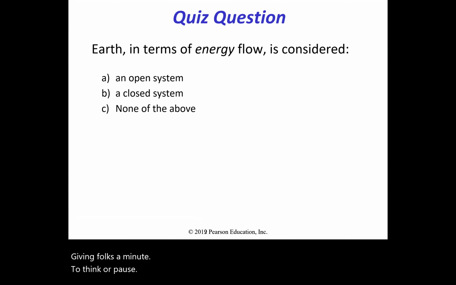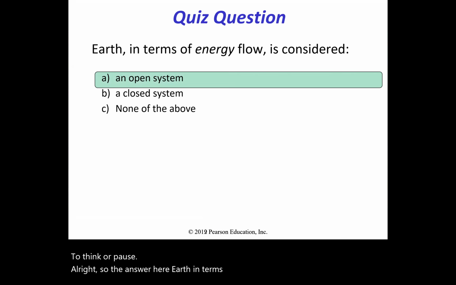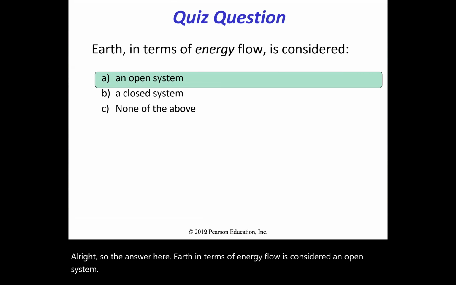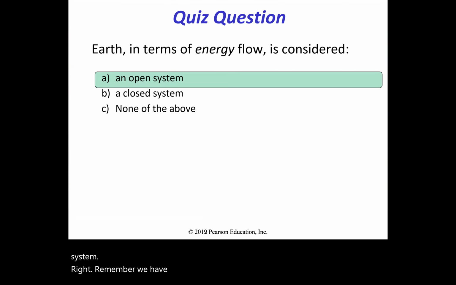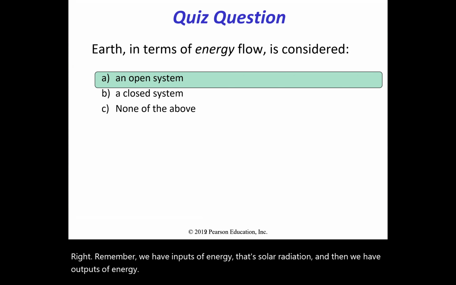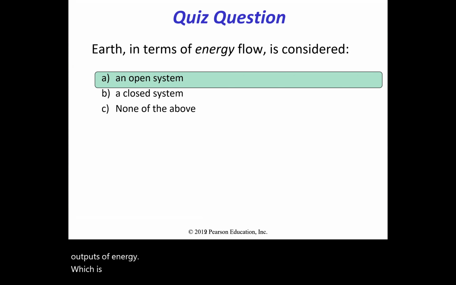All right, so the answer here: Earth in terms of energy flow is considered an open system. Remember, we have inputs of energy, that's solar radiation, and then we have outputs of energy, which is radiation being reflected back off of Earth.